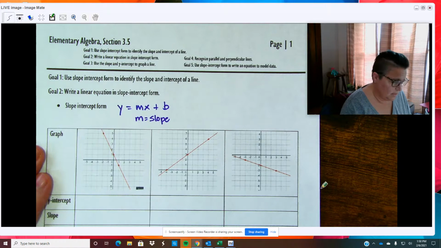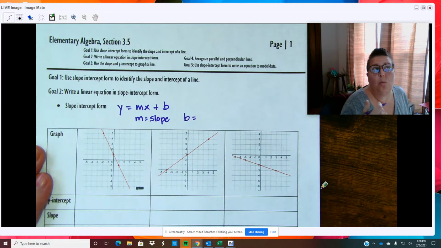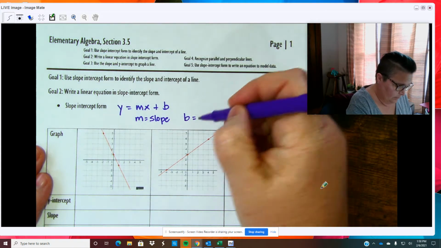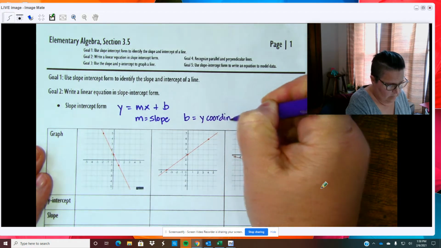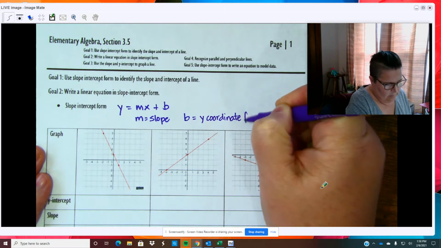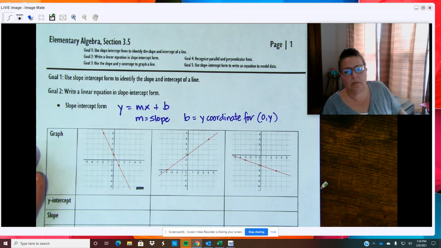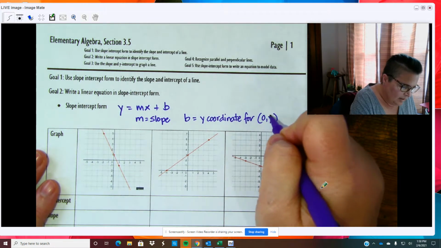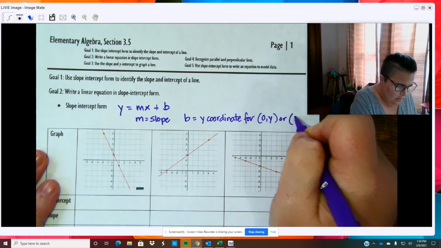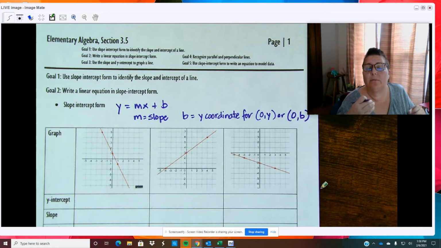The m is the way the line moves. And b is the y coordinate of the y-intercept. Okay, b is that y coordinate for the y-intercept, or 0, b. The b is where we can begin.